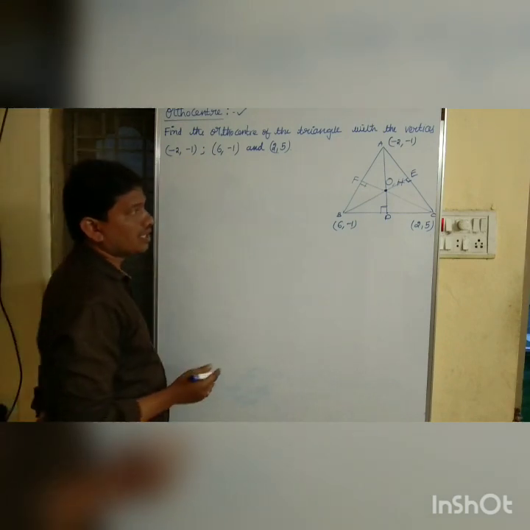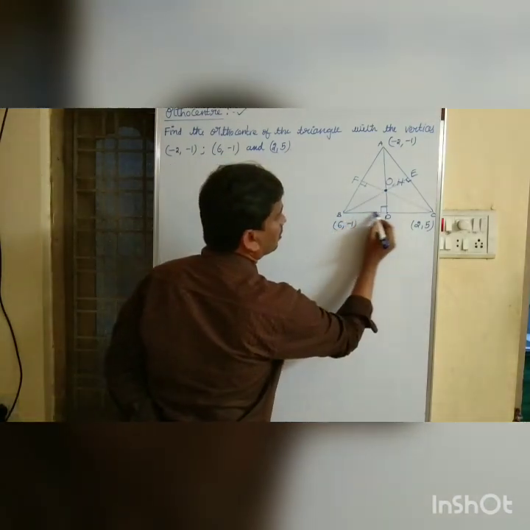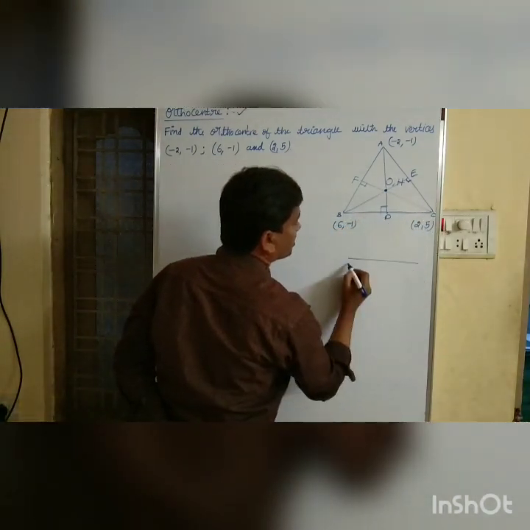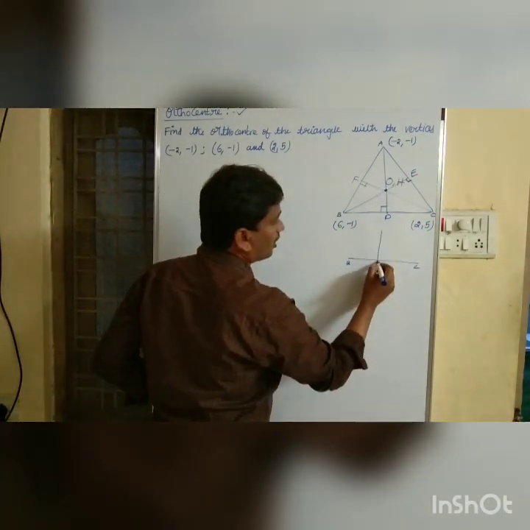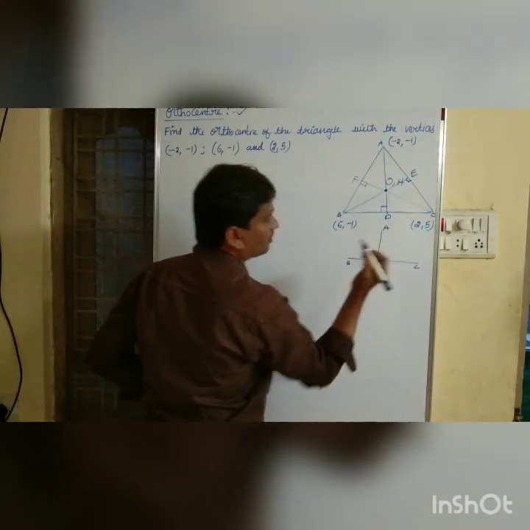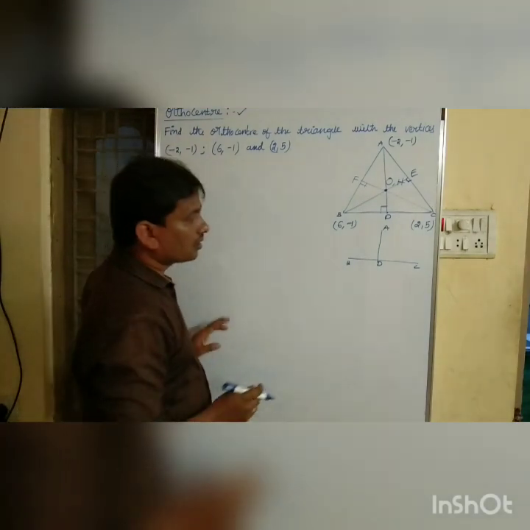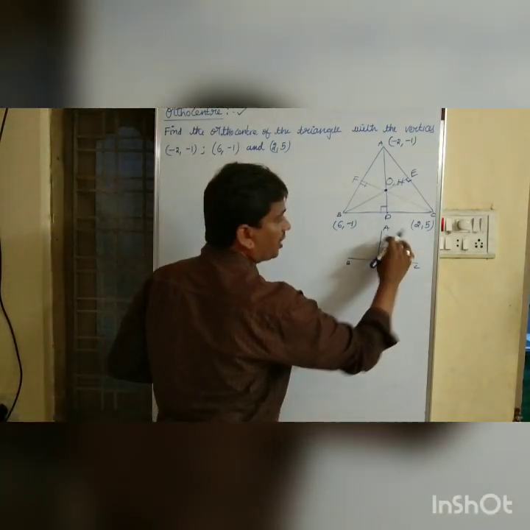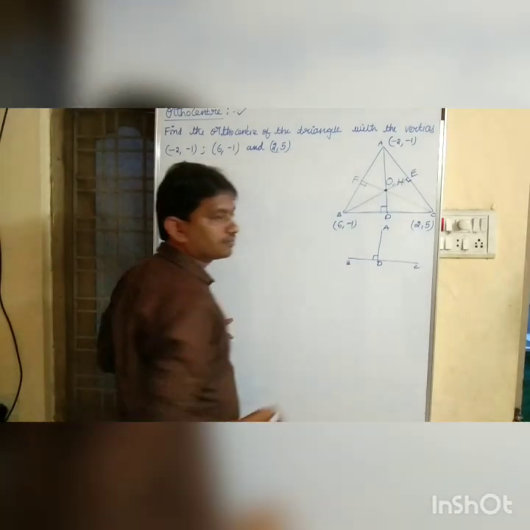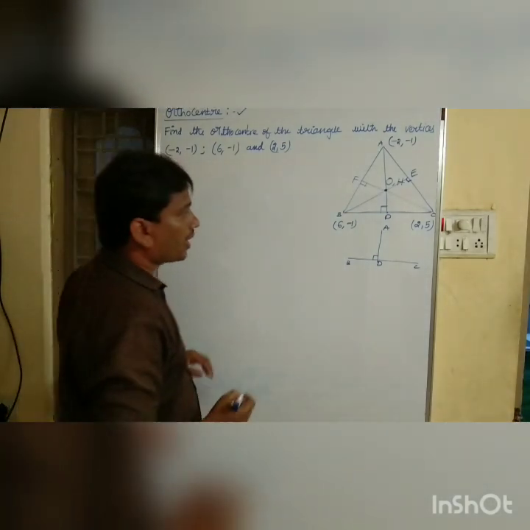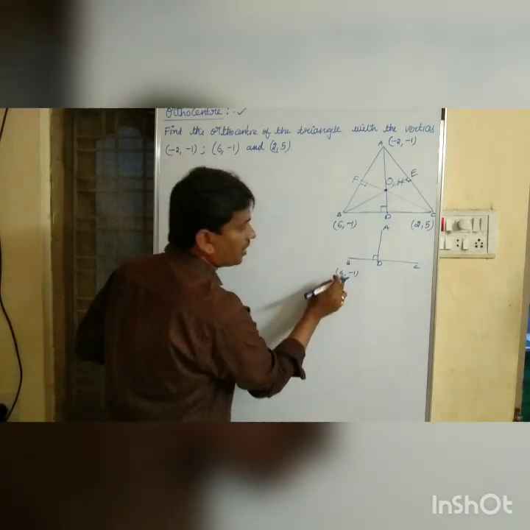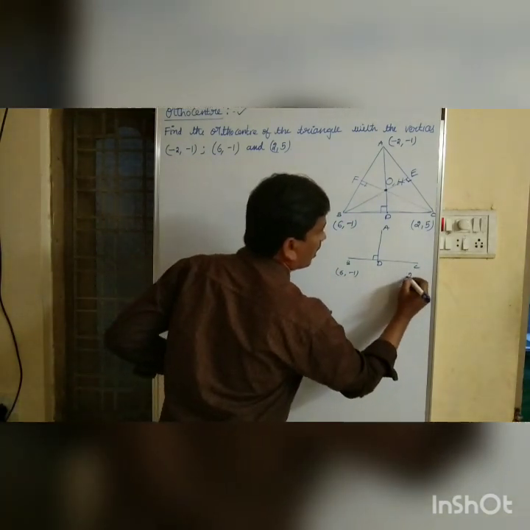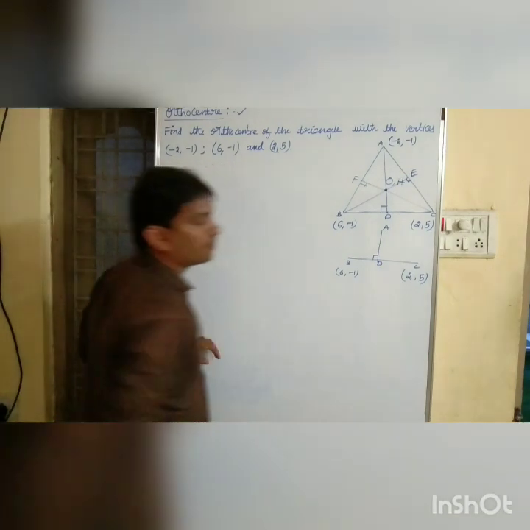And here, children, as we know, line segment BC is perpendicular to the line segment AD. I mean, BC and AD are perpendicular to each other. The coordinates of B are 6, -1, and the coordinates of C are 2, 5.